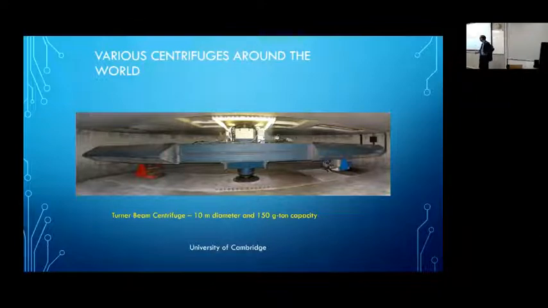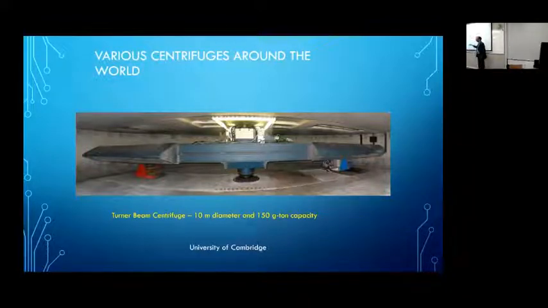So this is a picture of the centrifuge you're going to see later on. And this is what we call the Turner beam centrifuge. It's a balanced beam, which means whatever model we want to test on one side, we put a counterbalance on the other side. So the moments about the central axis are 0, and the whole thing spins around.